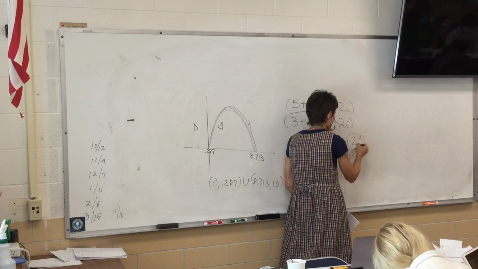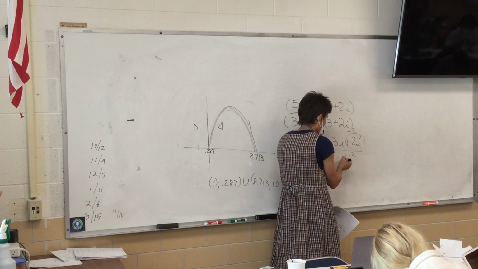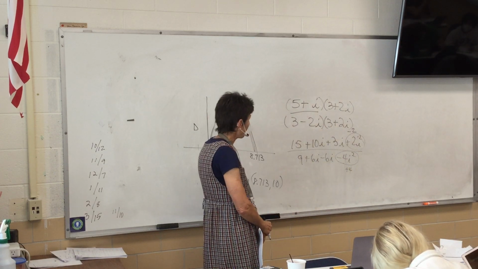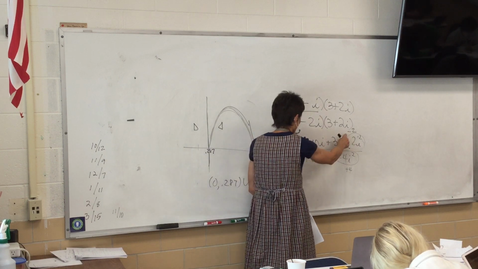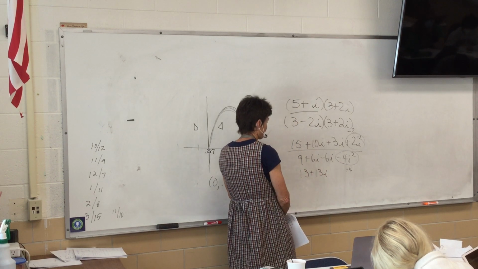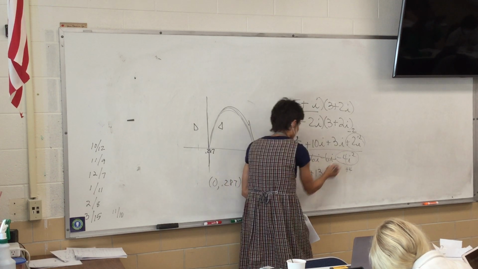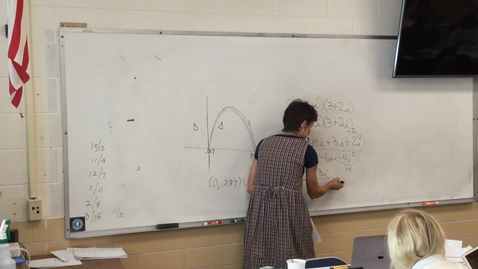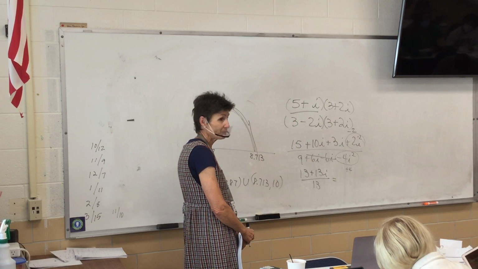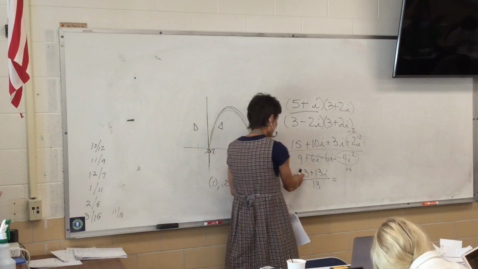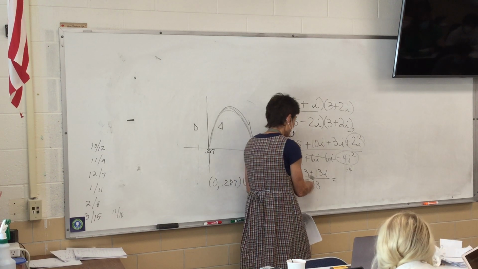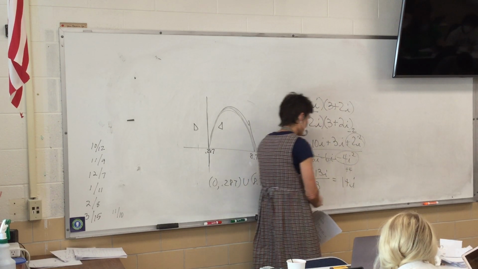So this is going to become a -2, and this is going to become a +4. So now I can collect like terms. I have 13 plus 13i over 13. So this one actually reduces. They often don't, but this one does because all the important things here are divisible by 13. So 1 plus i is my answer.